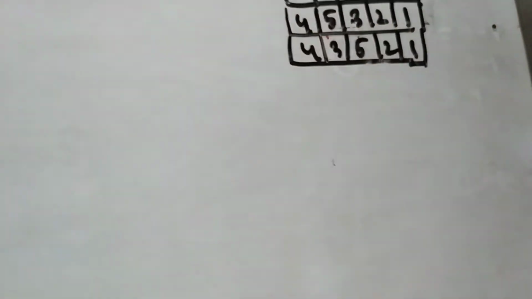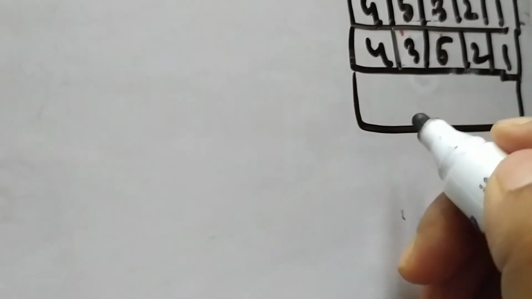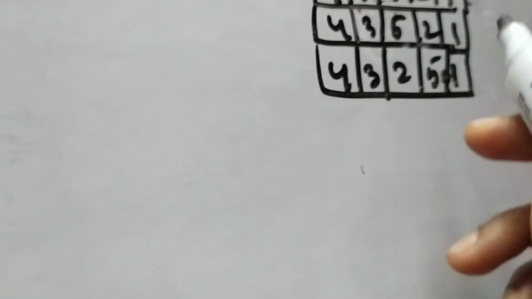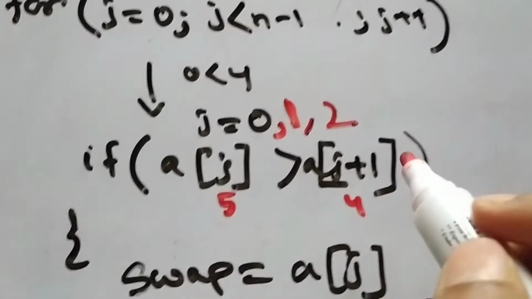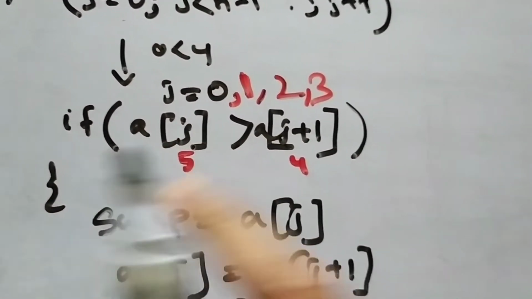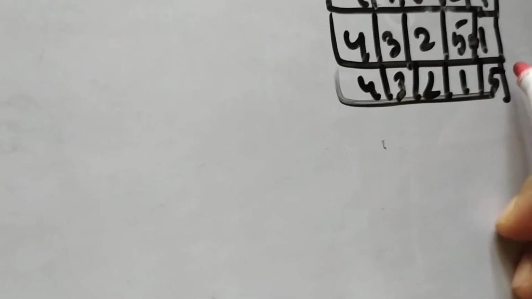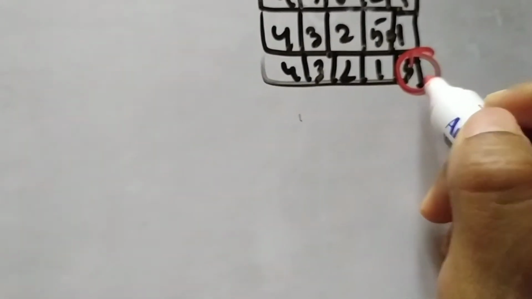Again 5 and 2 are compared and the values are exchanged, since 5 is greater than 2. Now 1 is compared with 5, because the value of j becomes 3. So the new array becomes 4, 3, 2, 1, 5. So 5 has come to be the largest number, so it is sorted and fixed now.